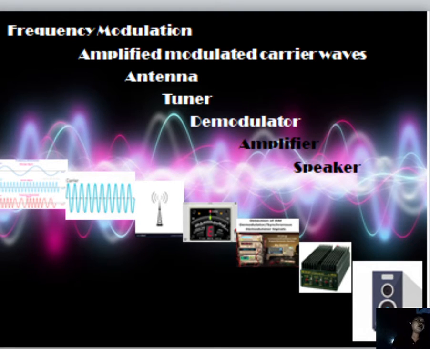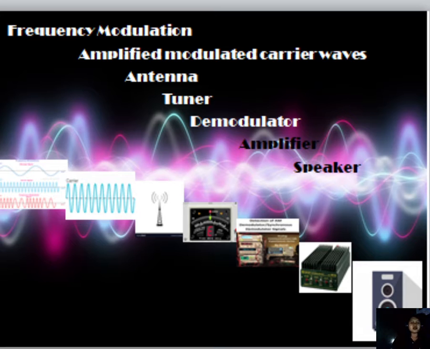Then after modulating it, it will be followed by amplified modulated carrier waves. Then we have the antenna. Once it is amplified and collected, the carrier waves will go through the antenna, then be followed by the tuner, the demodulator, the amplifier, and the speaker.